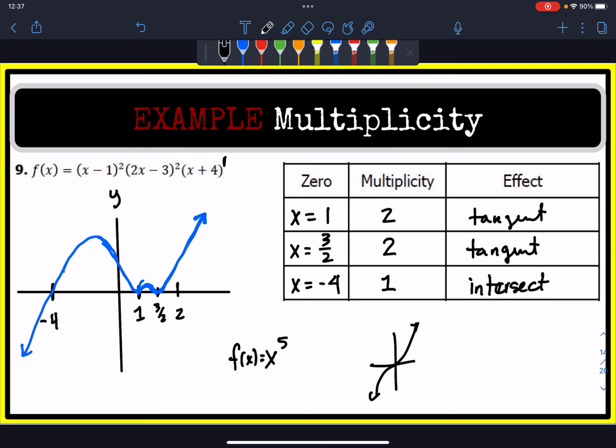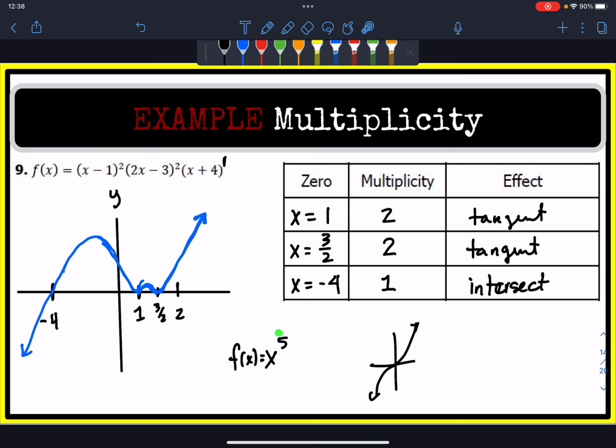So that's how I know the graph is going to start down here, move upwards, intersect the x-axis at negative 4, reach a relative max, decrease, be tangent at 1, be tangent at 3 over 2, change direction, and continue to increase with the same end behavior as x to the 5th power.